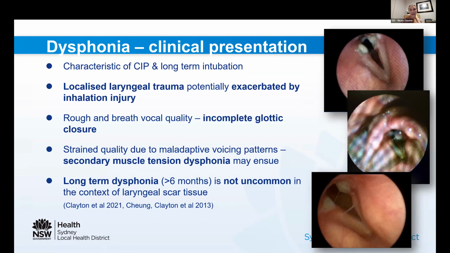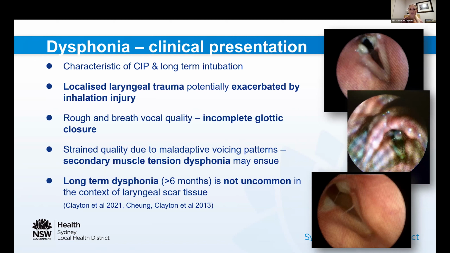Okay, just going to touch quickly on voice disorders following burn injury. So the clinical presentation again is very characteristic of critical illness polyneuropathy as well as long-term intubation. We see localized laryngeal trauma potentially exacerbated by the presence of an inhalational burn injury. We often see quite a rough and breathy vocal quality with incomplete glottic closure at the posterior aspect of the larynx.